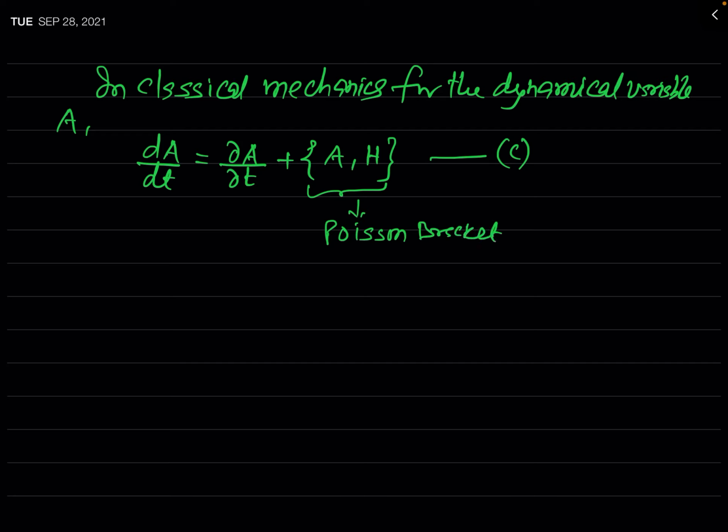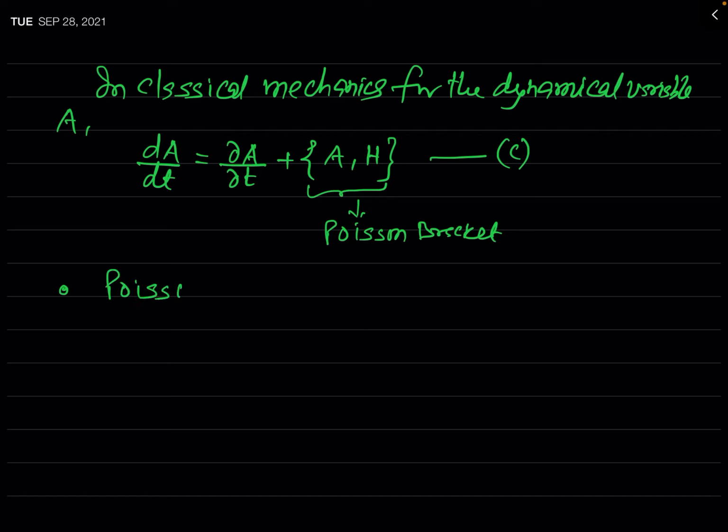So in this condition, we can simply say that the Poisson bracket is the classical limit of the expectation value of the commutator bracket divided by i h bar. So it is a very remarkable fact. You can mention it, and for your convenience, I am just writing this thing here.